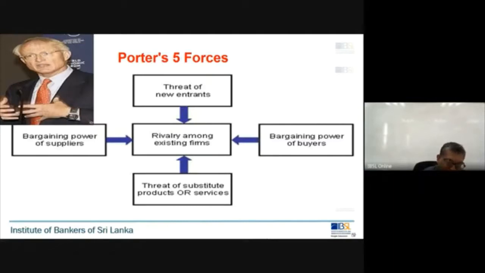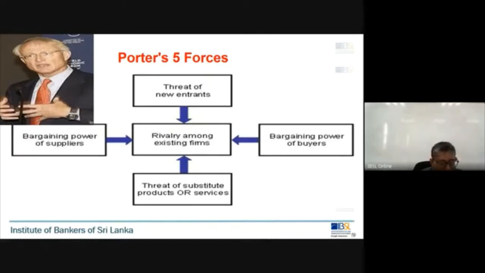Now I'll take an example for Dialog. Now we take Dialog as a company. I need to analyze Michael Porter's forces, how they impact Dialog, with the help of Michael Porter's analysis. Then we identify rivalry among existing firms.